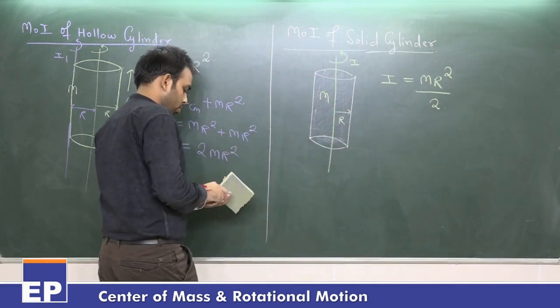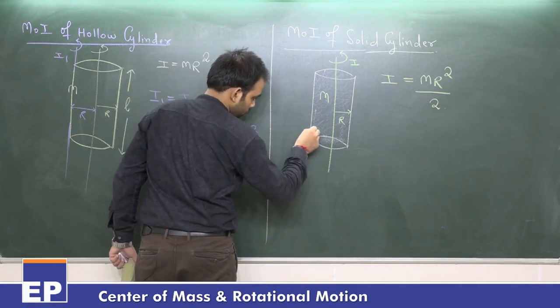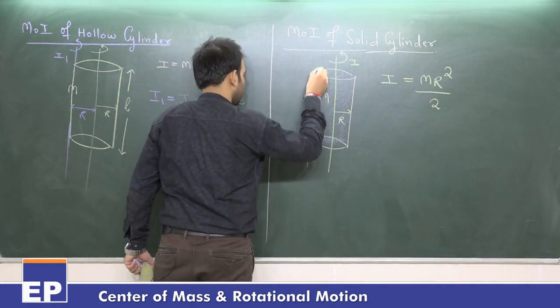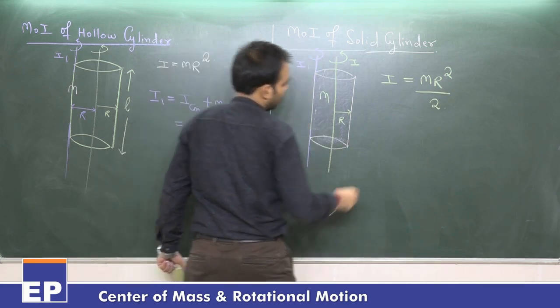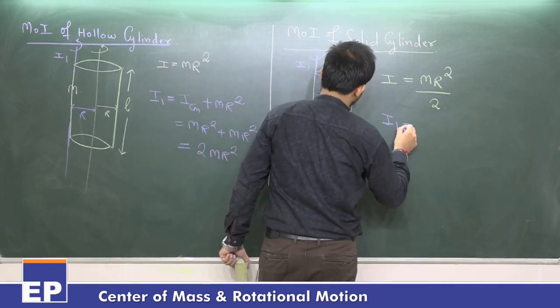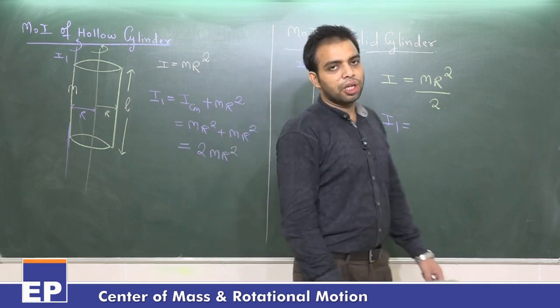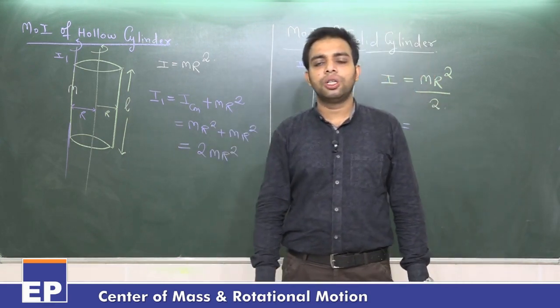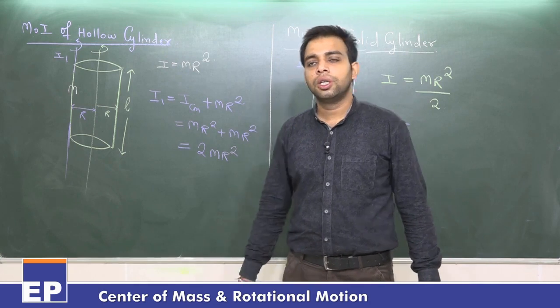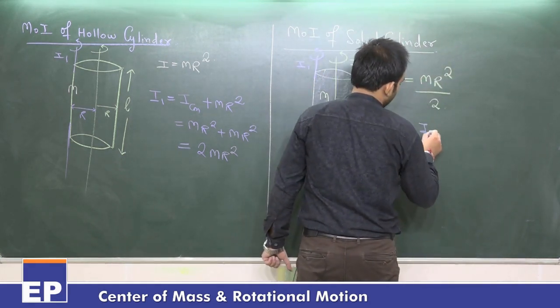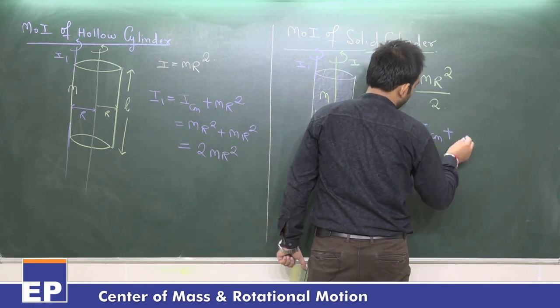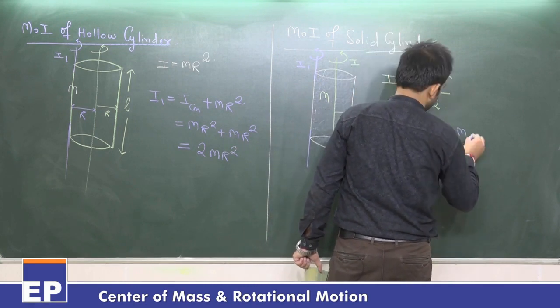If you want to calculate about that axis, I1 will come out to be, because it is passing through the center of mass. That green axis I have shown is passing through the center of mass, so I can use the parallel axis theorem, and I can say I1 is equal to ICM plus m into distance square, where the distance is r.